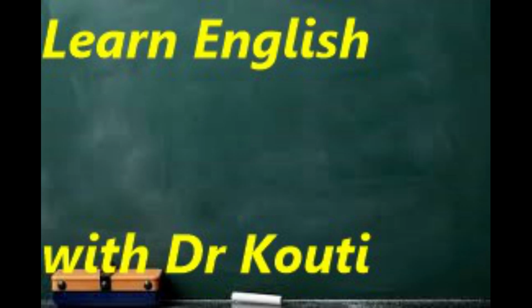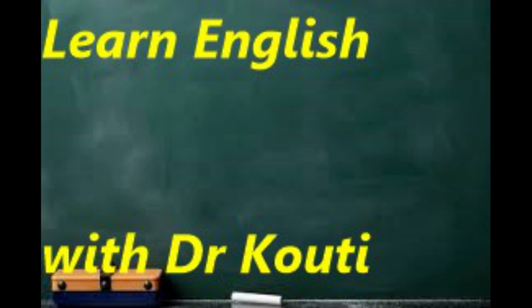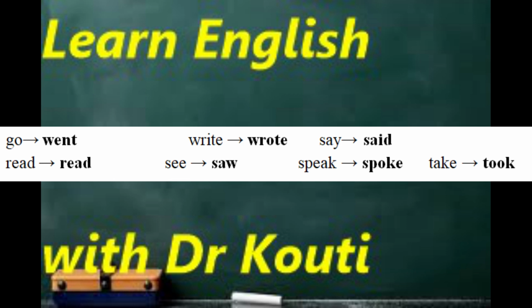Great. Now, let's move to irregular verbs. So we said that for the past simple, there are two types of verbs, regular and irregular. We have seen the regular ones. Now we move to the irregular verbs. These verbs do not end in ed. For example, we have the verb to go. The past of go is went.